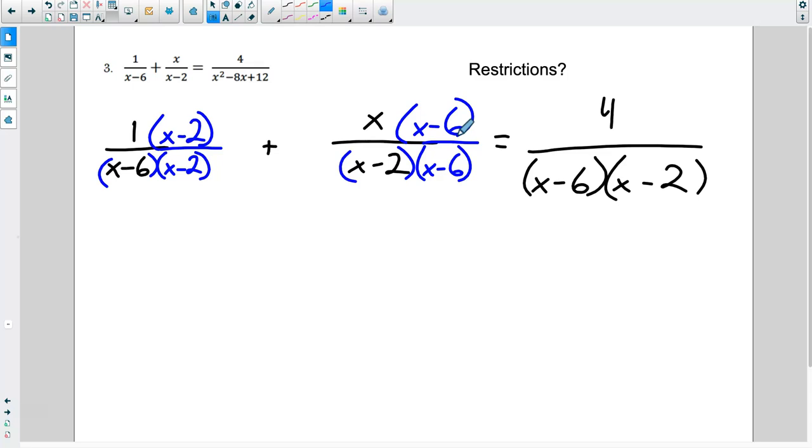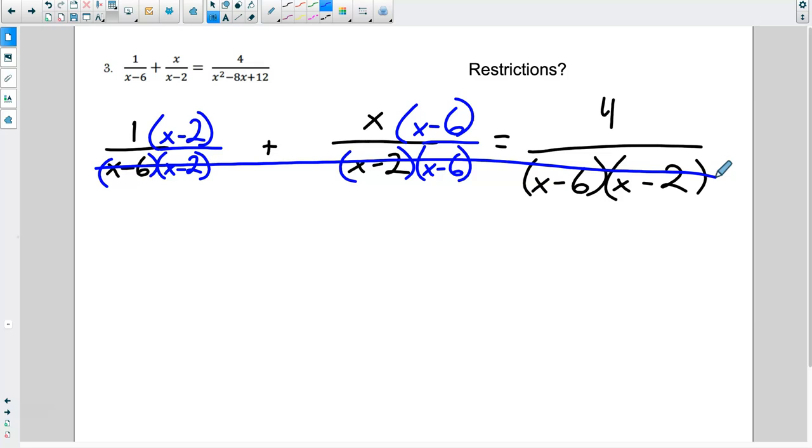Now, the last problem, I just said, hey, let's just take all of these pieces and times it by x minus 6, x minus 2, what my common denominator was for that problem. And so our common denominators went away. Well, folks, if you have a common denominator, guess what? It's now gone.